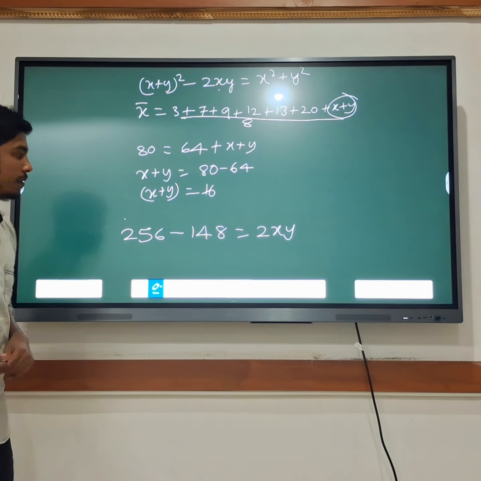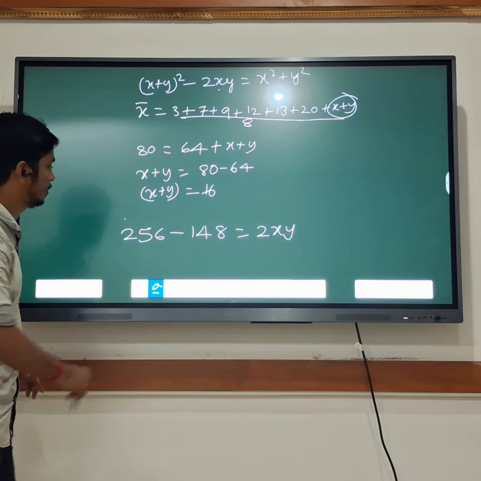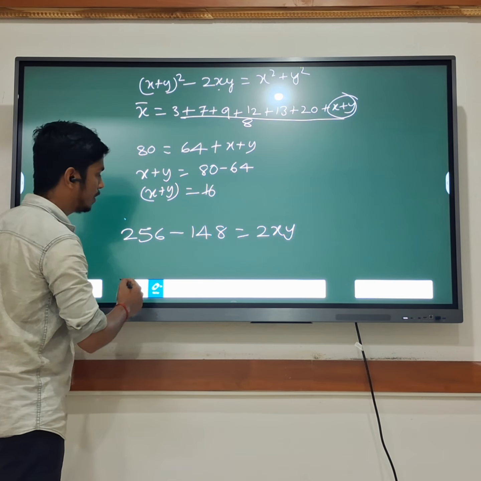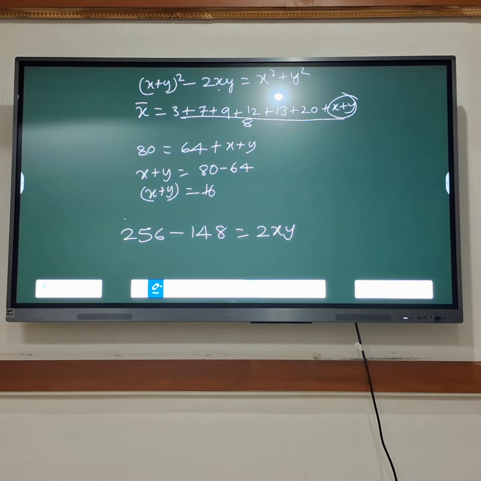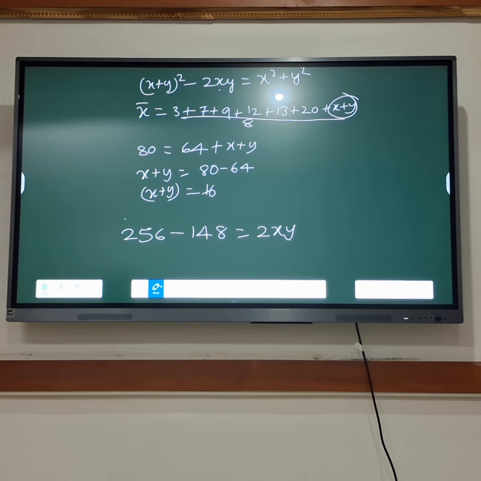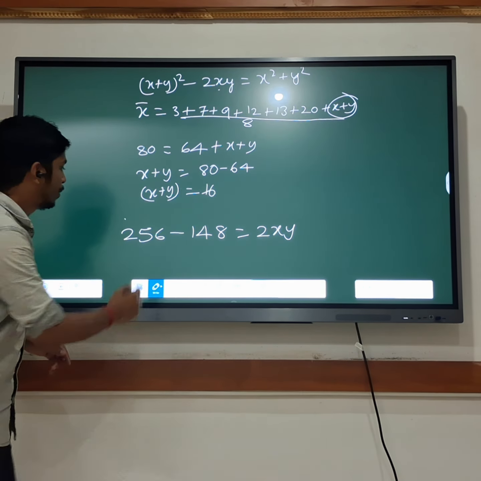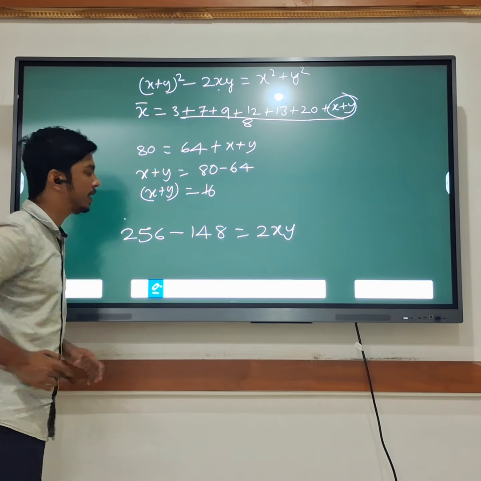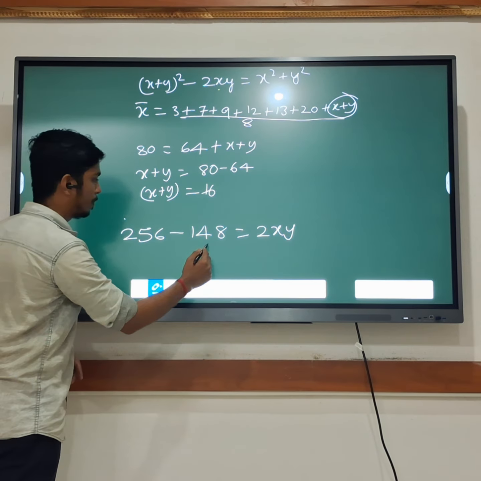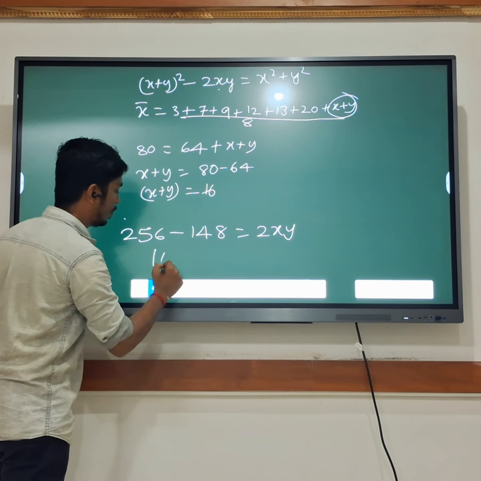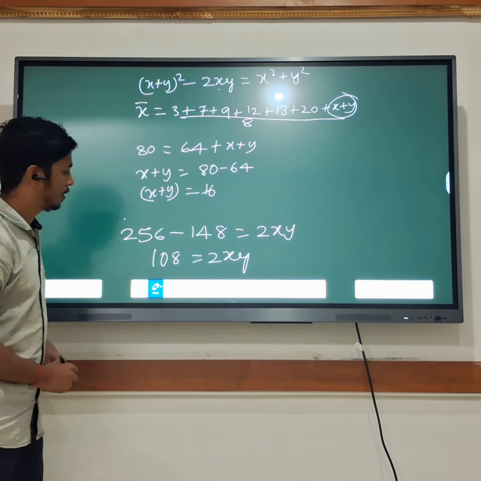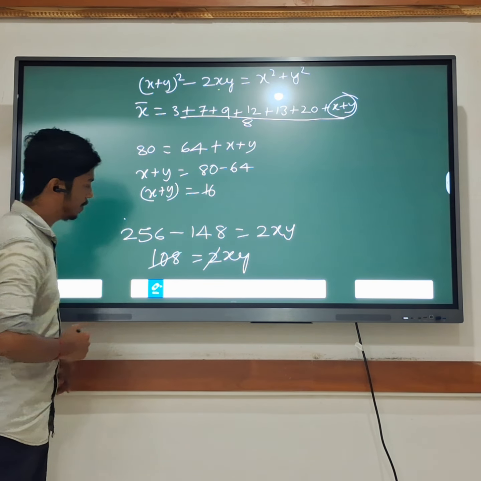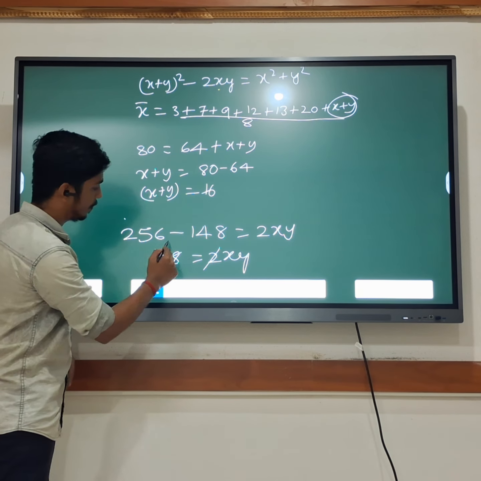256 minus 148 is 108, right? 108 is equal to 2 into xy. Now divide by how much? 54.